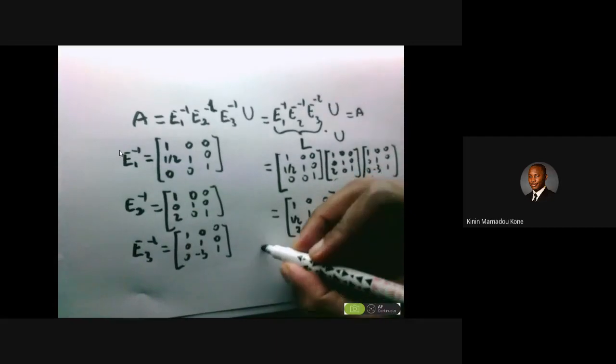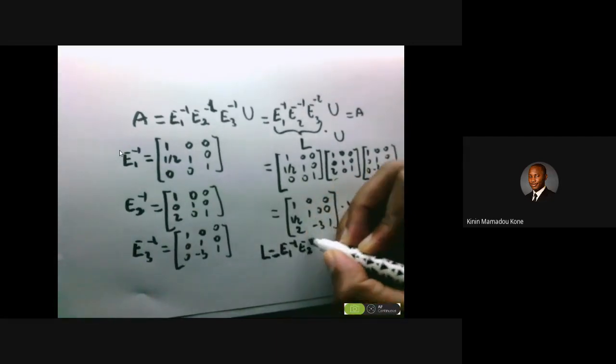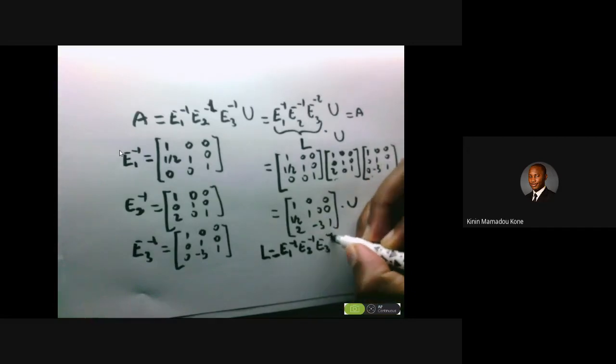If I did the product of these three, I would obtain the L triangle. So in other words, we can conclude from this that L equals E1 inverse, E2 inverse, and then E3 inverse.